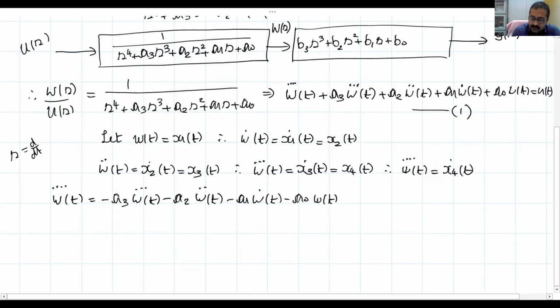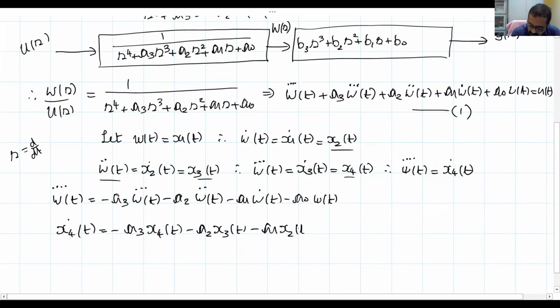Now instead of w and the other terms, I can write in terms of state variables. So w fourth derivative is x4 dot t, which means x4 dot t equals minus a3 times x4 of t, since w triple dot is x4 of t; minus a2 x3 of t, because w double dot is nothing but x3 of t; then minus a1 x2 of t, as w dot t is x2 of t; minus a0 x1 of t.